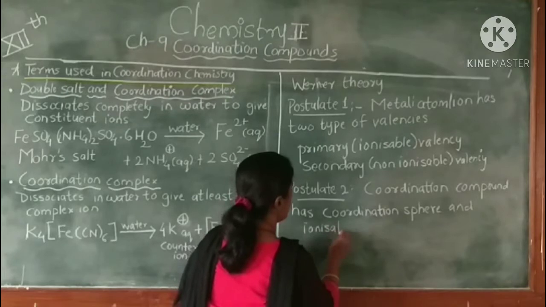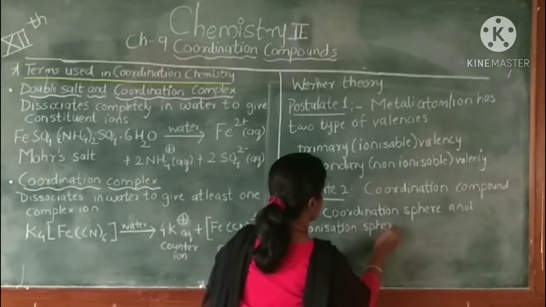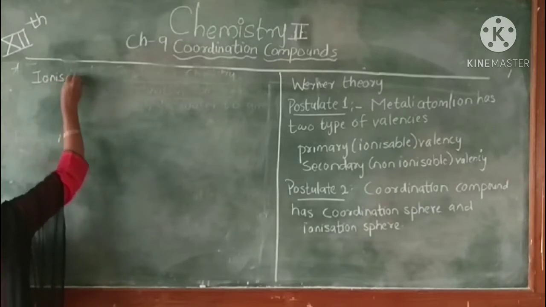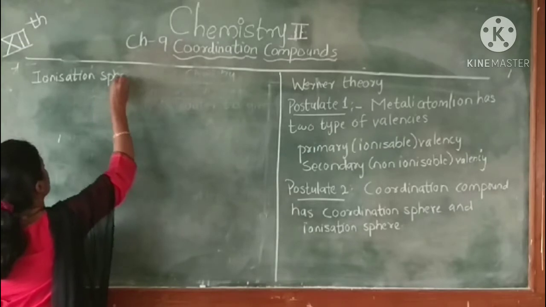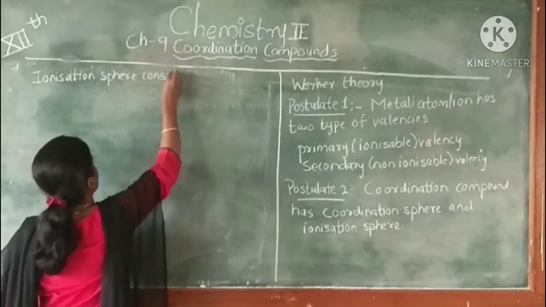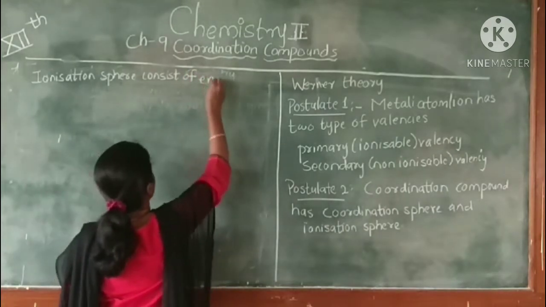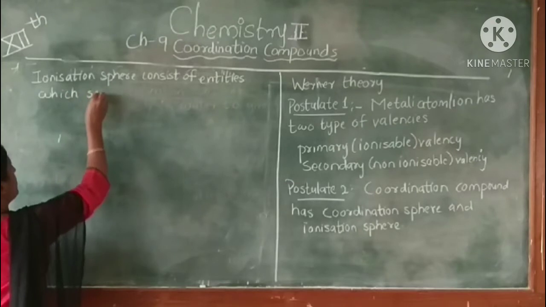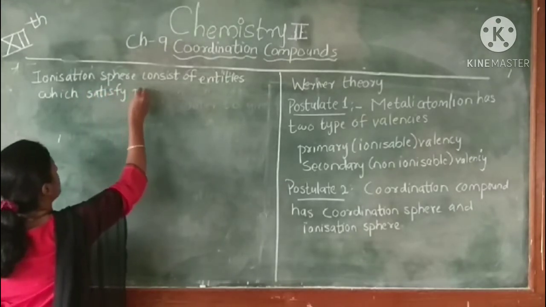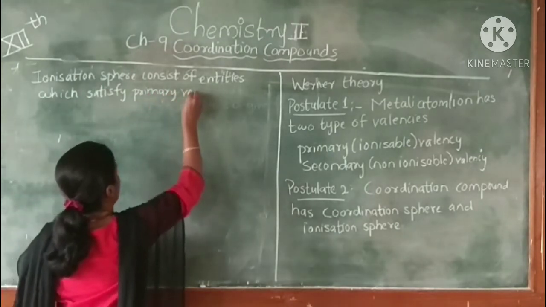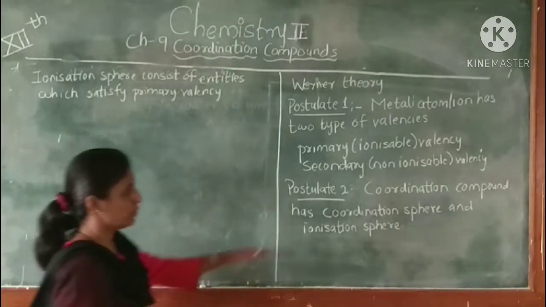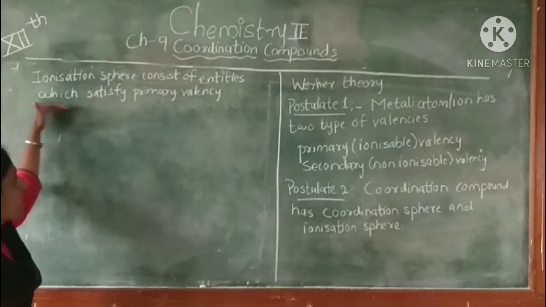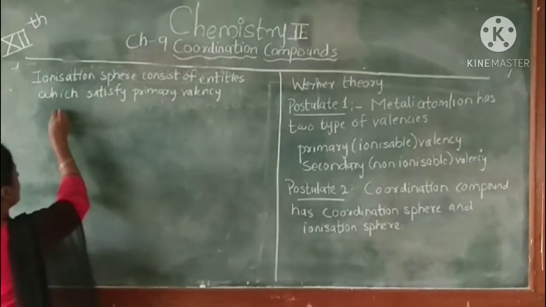The ionization sphere consists of entities which satisfy the primary valency of the metal ion, and these are generally anions.